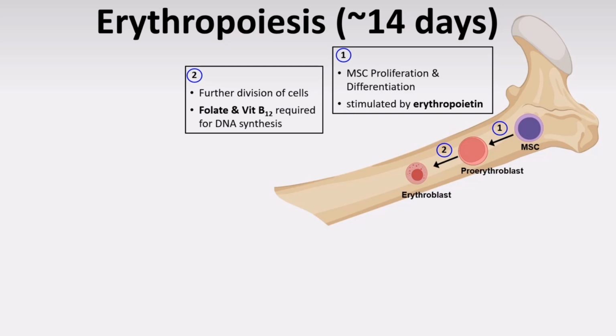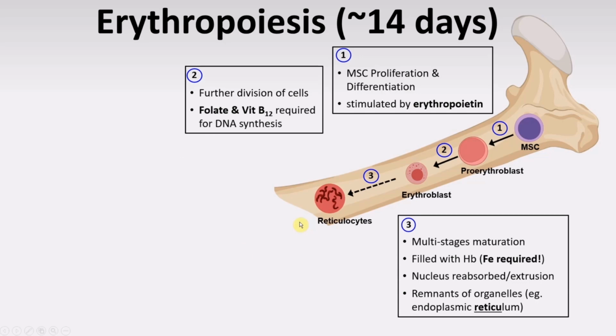Following the formation of erythroblasts, there will be multiple stages of maturation until a premature erythrocyte is formed. That's what we call reticulocytes. You can see here that the arrow is summarized into dotted arrows because this involves a lot of stages, which I have simplified into one broken arrow.